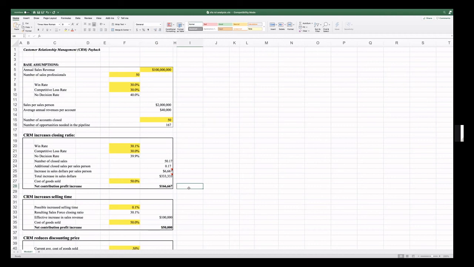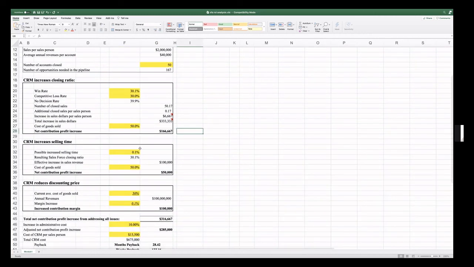Again, if I can improve the selling time by 1%, my cost of goods sold are 50, I increase my net profit by 50,000. And again, with my average cost of goods sold being 50, if I can stop discounting and increase my margins by 0.1 of 1%, I saved 100,000.